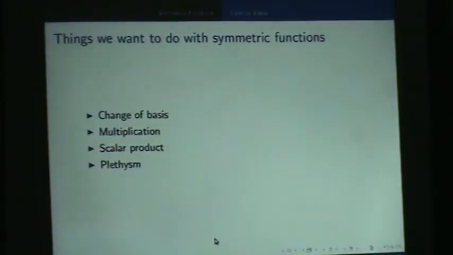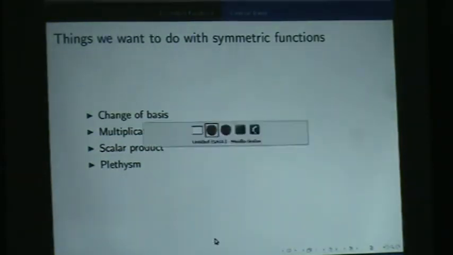So I'm going to give a bit of a demo of working with symmetric functions in Sage. First I'll start off by making the Schur symmetric functions and, say, the monomial symmetric functions.